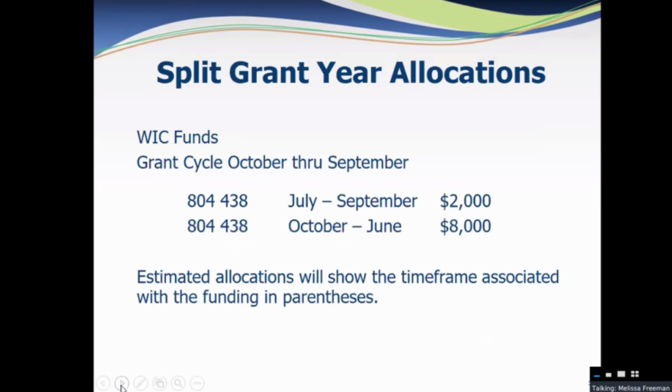Yes, on your budget, you have to add both those numbers together to do your budget, but in reality, the one that says July through September will only cover your expenses from July through September, and the other will only cover expenses from October through June. It does not carry over most times.